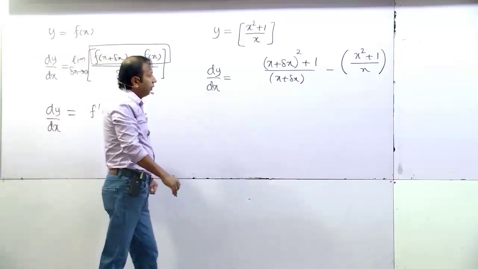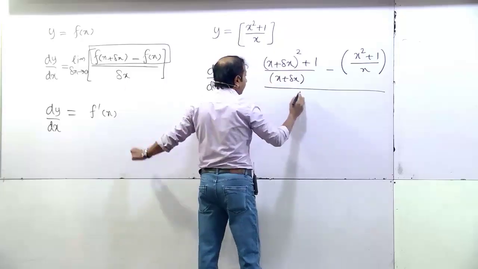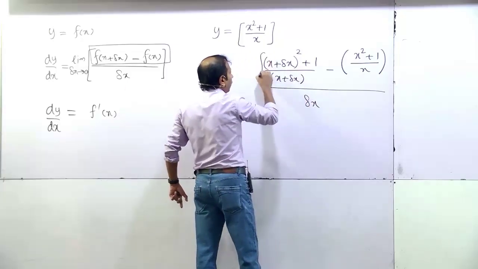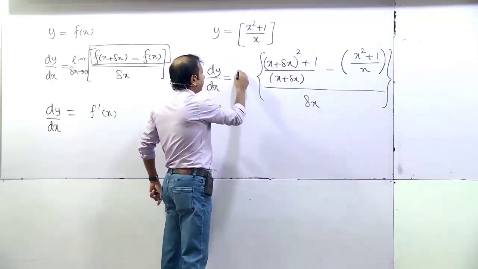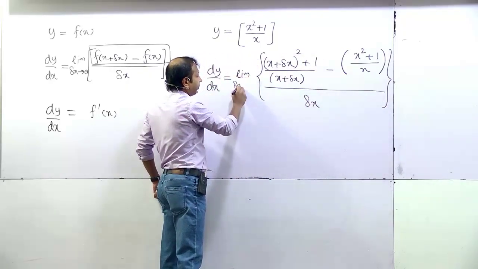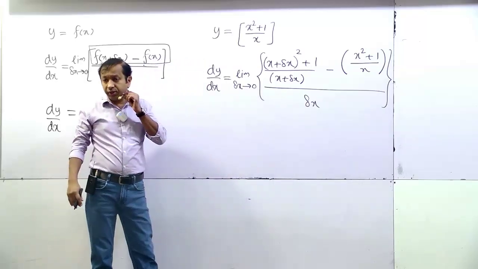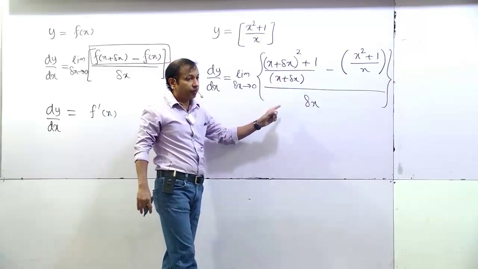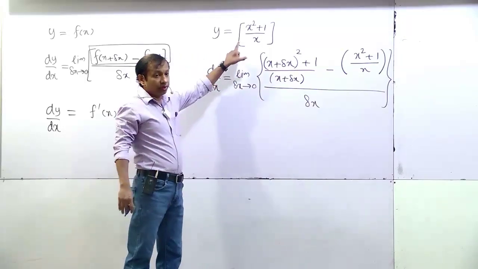Now, I must divide this whole thing by delta x. Then I take the limit as delta x goes to 0. Now, using your limit knowledge, we have to evaluate this. Then we get a certain expression that is going to be the derivative of this function.